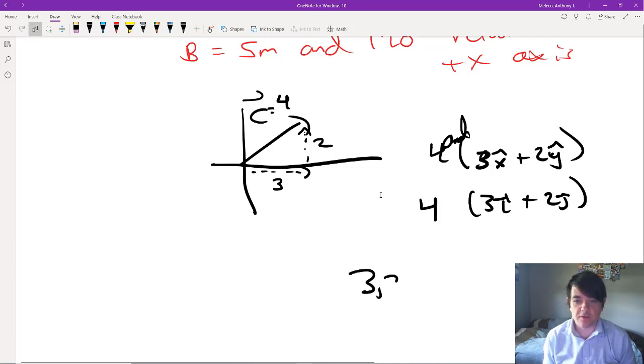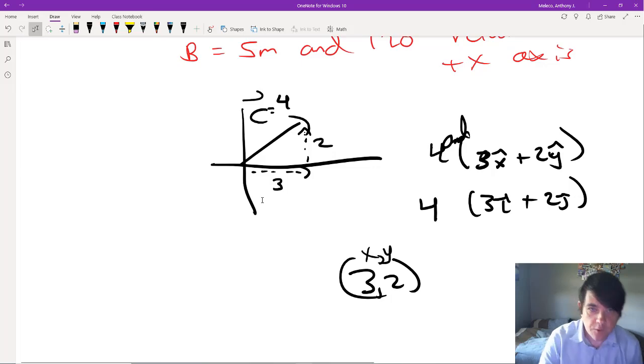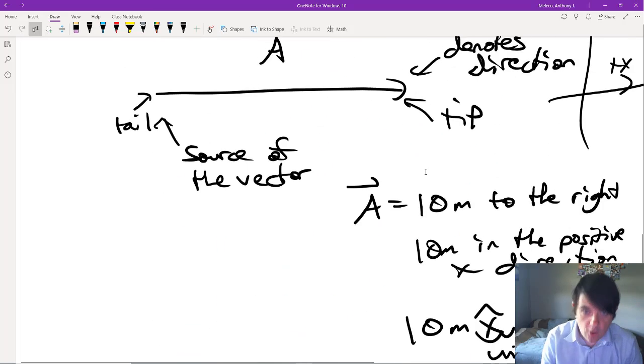You can also do it like this if you're just denoting direction, just like a typical XY system.